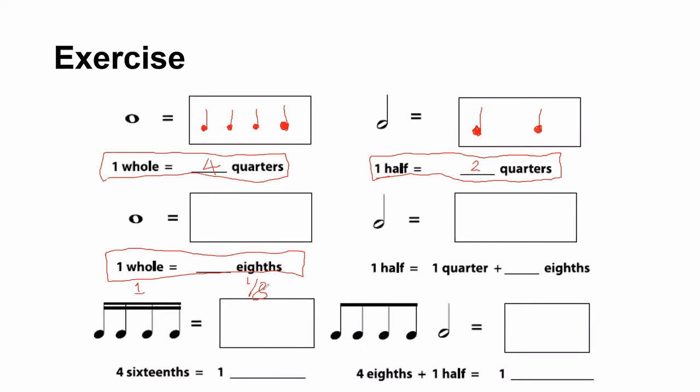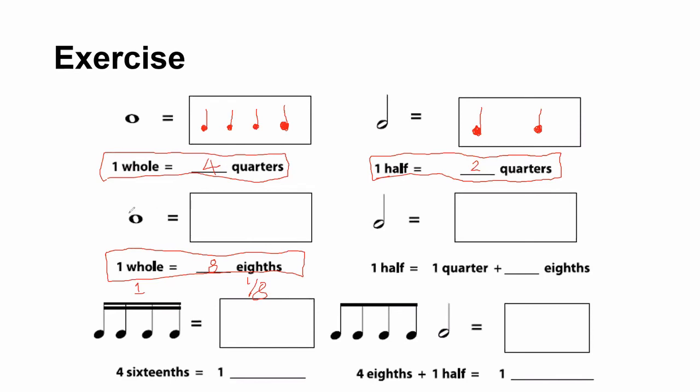How many eighths do you need to add up to give you 1 whole note? 8. Exactly, you're correct. So a whole note is equal to 8 eighths. Is that clear?